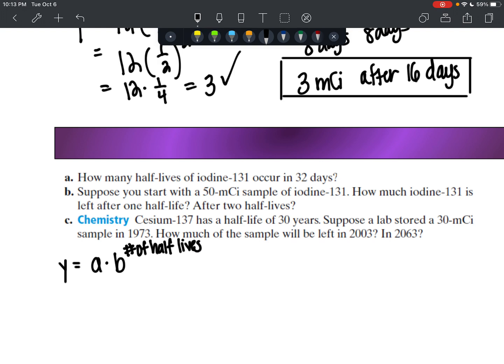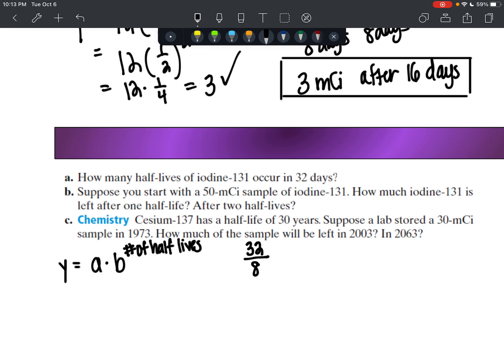So how many half-lives would occur in 32 days? Well, 32 divided by 8 days, because 8 days is your half-life. So if I have 32 days, I'm going to end up having 4 half-lives. It's going to cut in half 4 times.